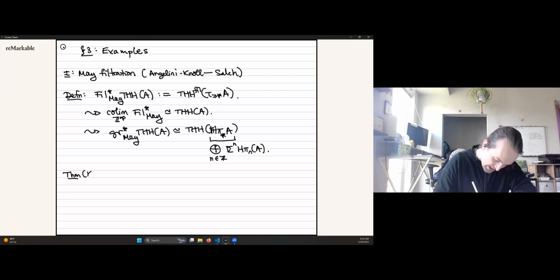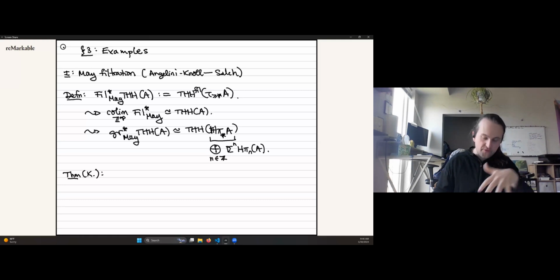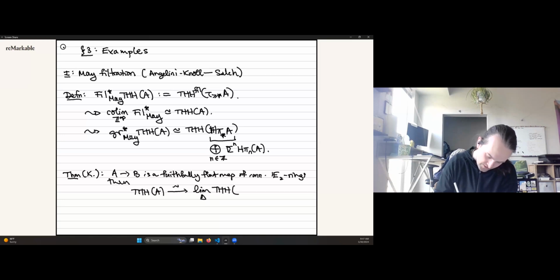here's a theorem. In this result, I critically use the May filtration to establish the following fact. If A to B is a faithfully flat map of connective E_2 rings, then there's an equivalence of THH of A with this limit of THH of B tensor A plus 1.